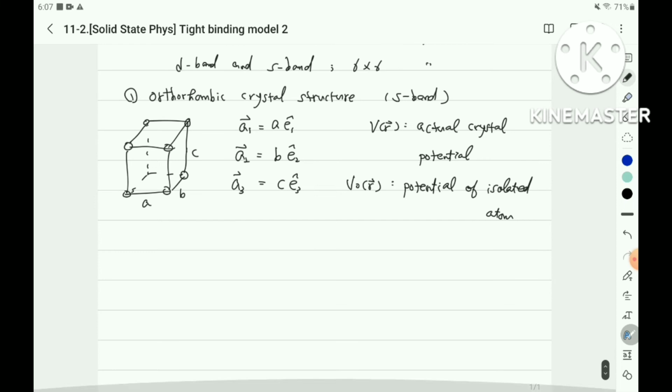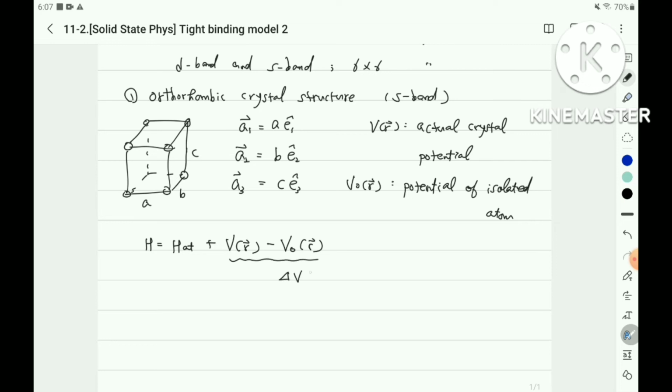Then the crystal Hamiltonian in the tight binding model is the atomic Hamiltonian plus the deviation of the potential. The deviation delta V means the real potential minus the isolated atomic potential, delta V(r), the modified potential difference.